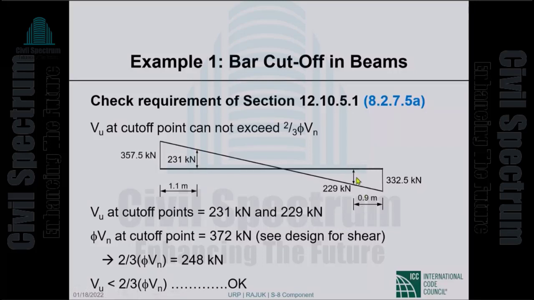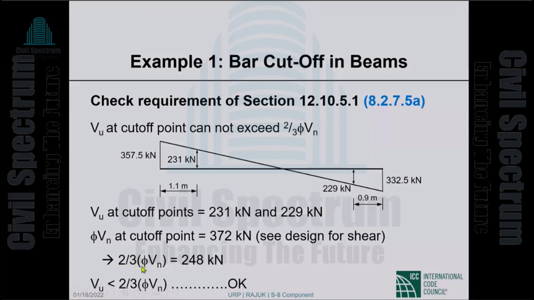This side, it is 229 kilonewtons. Phi times V sub n at cutoff point is 372 kilonewtons. You can go back to our design for shear and you will see that that number is there. I don't want to go back so many pages now.